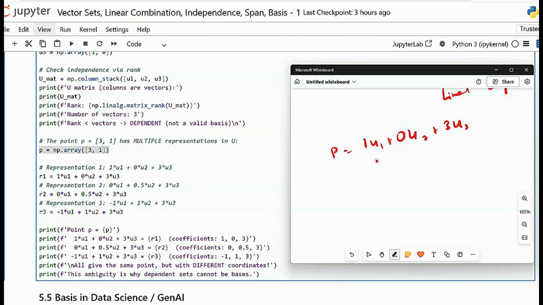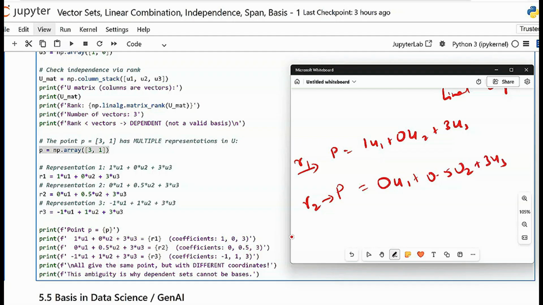Here it is R1 and here it is R2. In R2, it is exactly 0 u1 plus 0.5 u2 plus 3 u3.